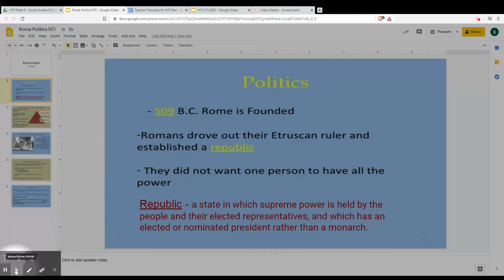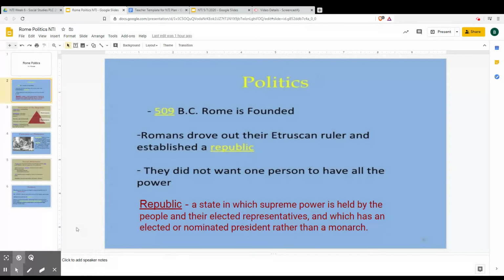And the idea of a republic is really important to us in the United States because our government is a republic. So you might hear democratic republic or different things, but we have a republic. So a republic is going to sound similar to you because we just got done talking about Greece and their democracy.